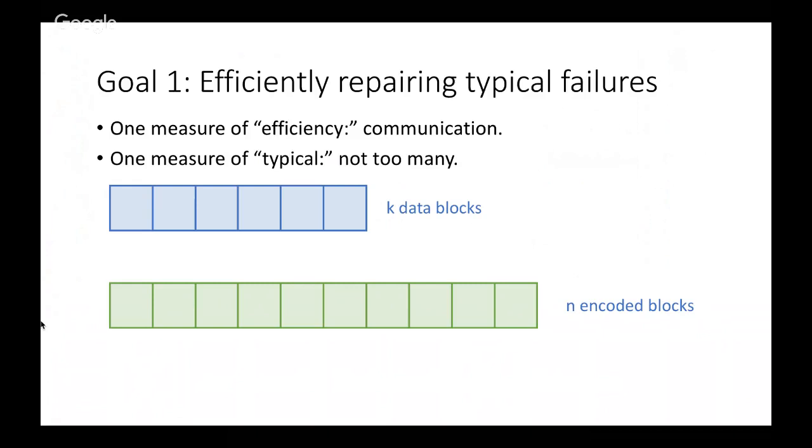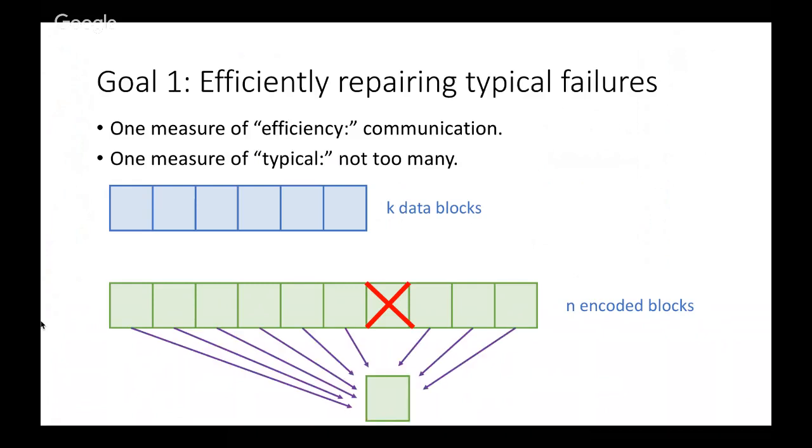For example, suppose that only one node or one encoded block fails. We said we want to be able to handle n minus k blocks failing, but it turns out that most of the time, a typical failure is not too many blocks failing at a time, so maybe just one. And if just one thing fails, then we want to be able to repair it, to set up a replacement node, extremely efficiently.